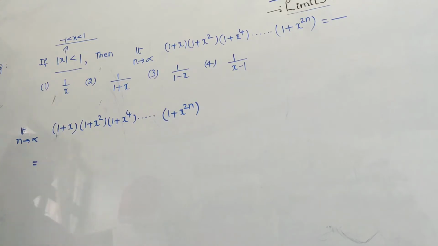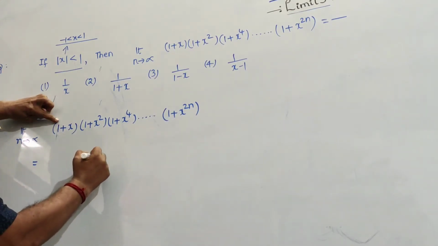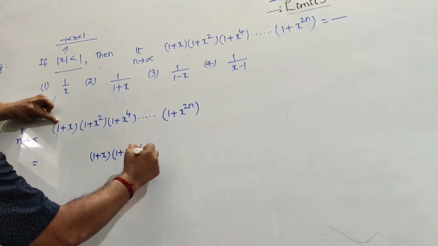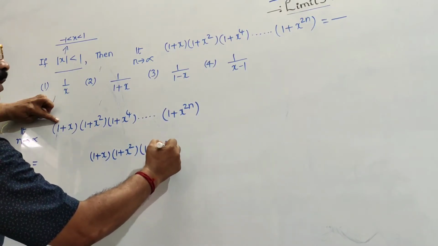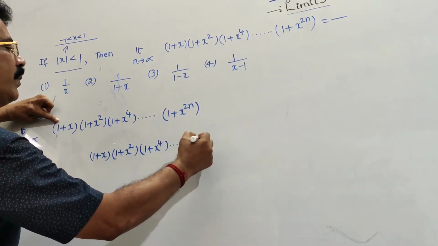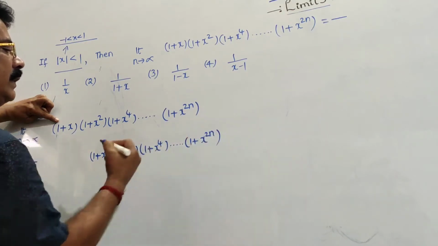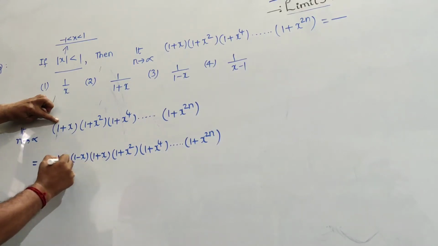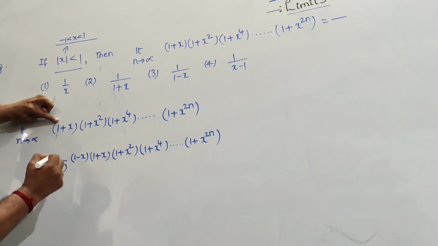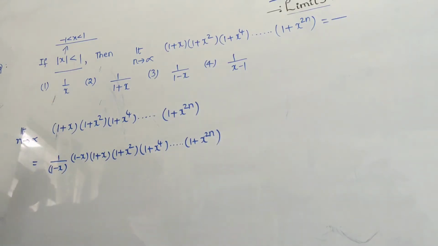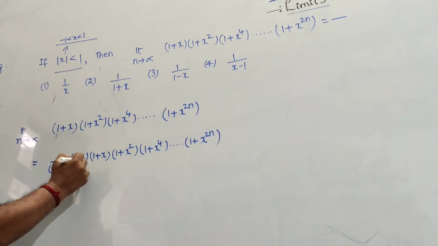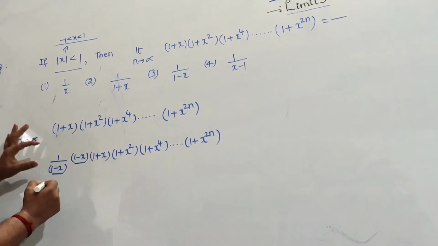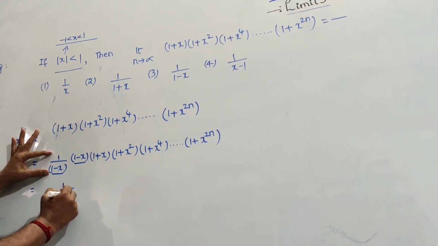So it can be expressed by multiplying with (1 minus x) and dividing by (1 minus x), without loss of generality. So that is equal to 1 by 1 minus x.